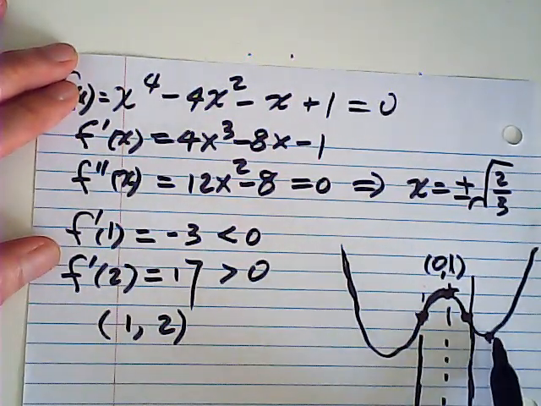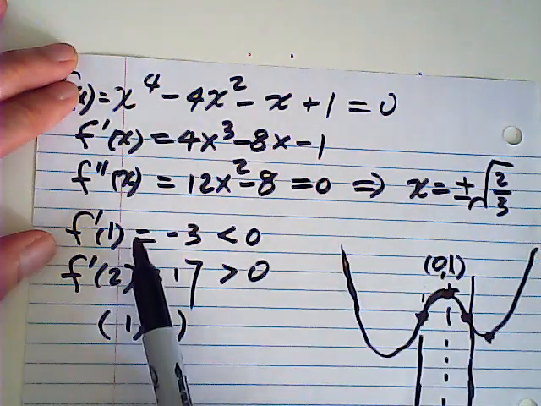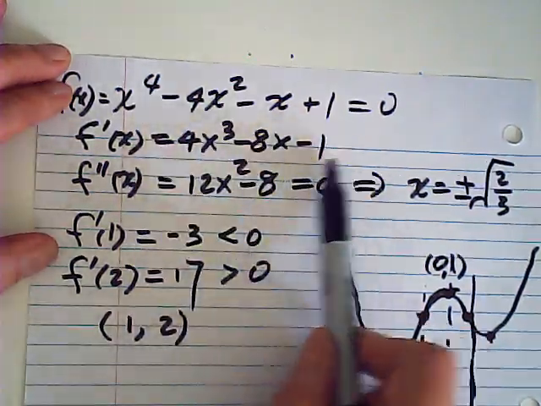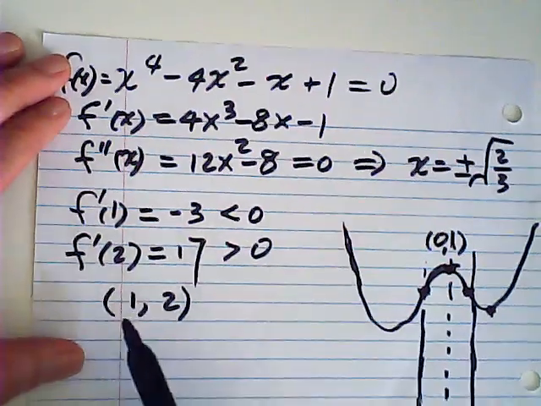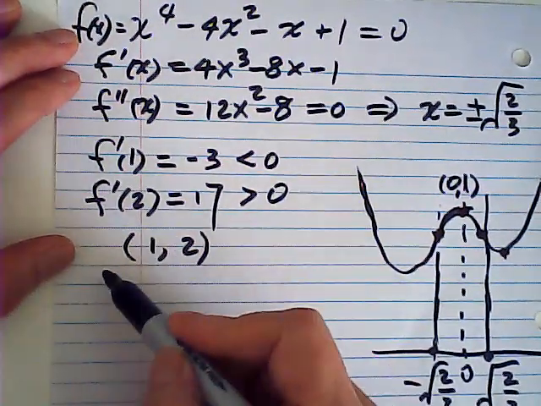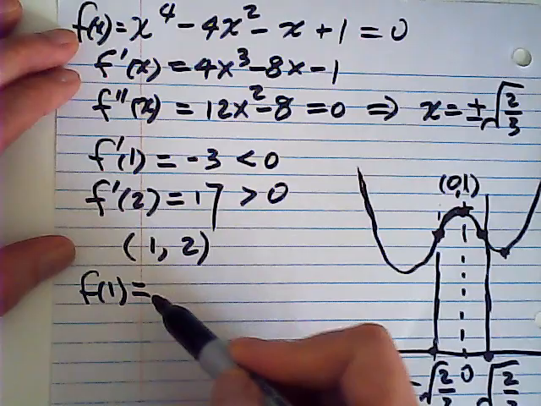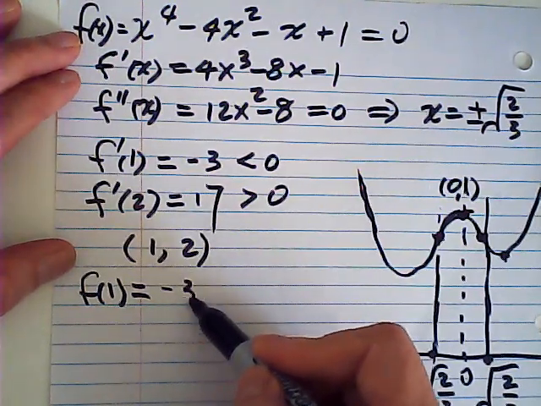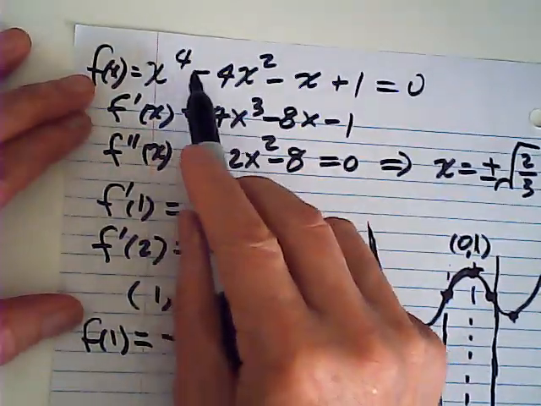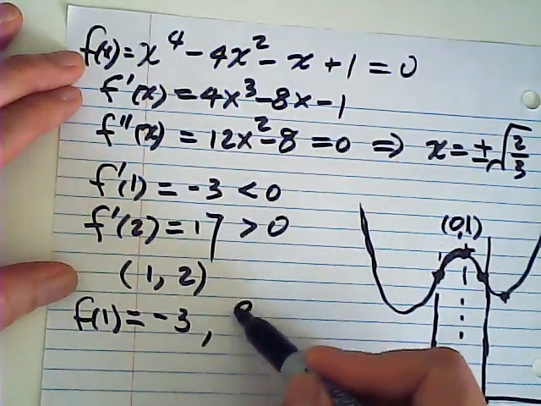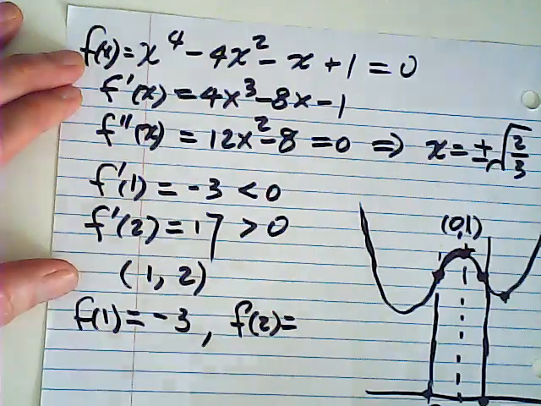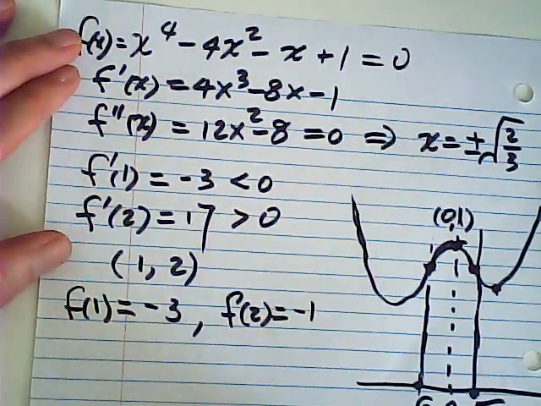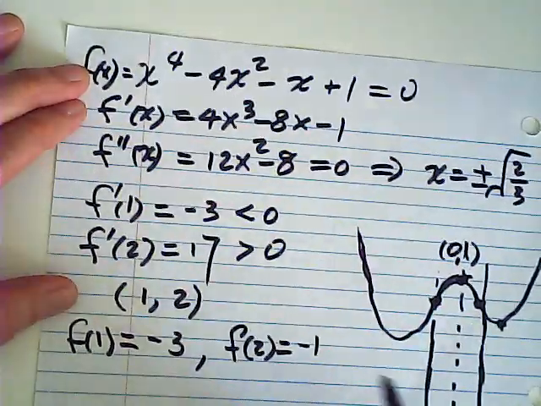The minimum point must be between 1 and 2 because of the derivative function f prime, right? And then we check f of 1. f of 1 is -3, just plug 1 in. And f of 2 is -1, we just put 2 in, okay?